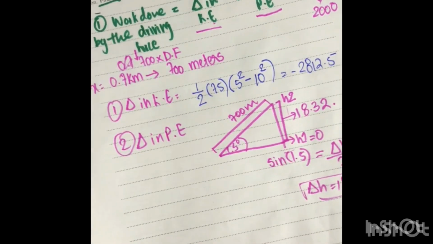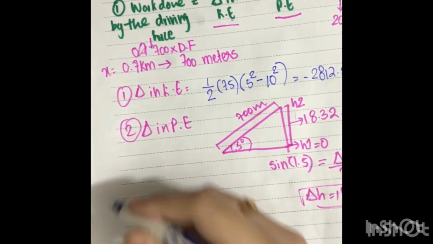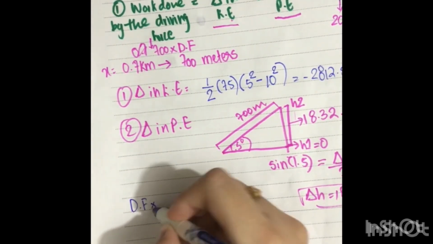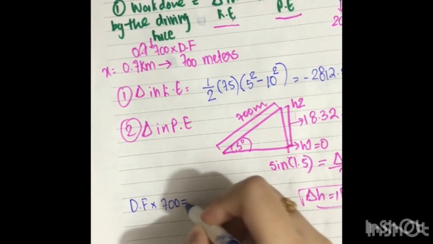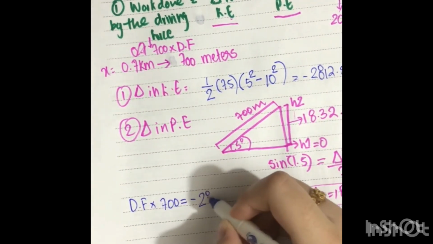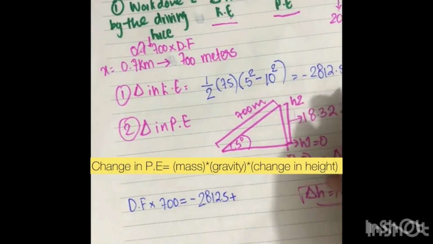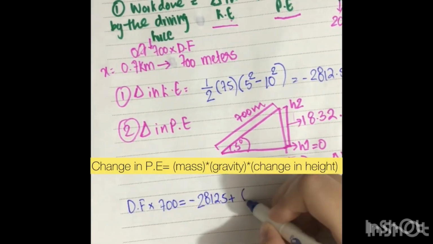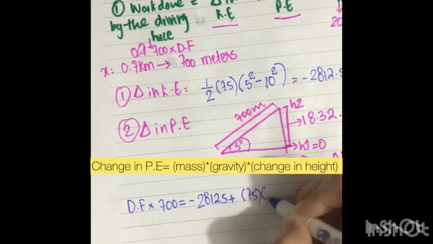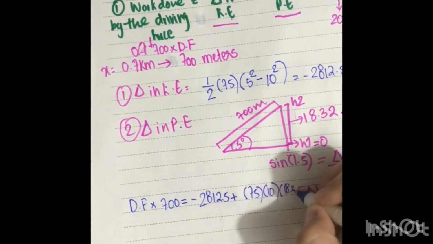So work done by the driving force, which is the driving force multiplied by the distance traveled, is equal to the change in kinetic energy, which is negative 2812.5, plus the change in potential energy, which is the mass multiplied by 10 multiplied by 18.32.